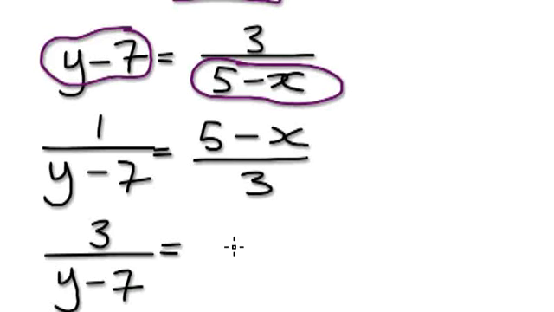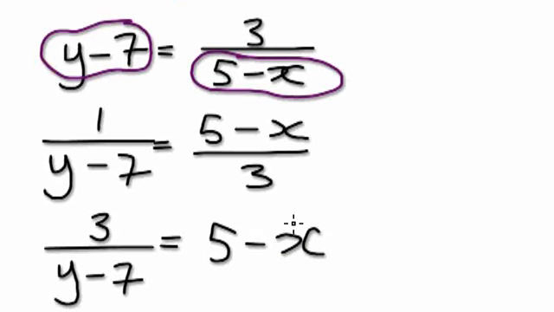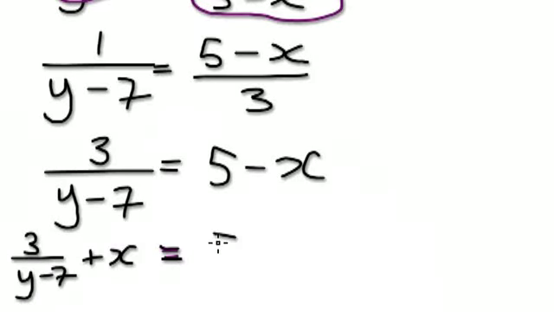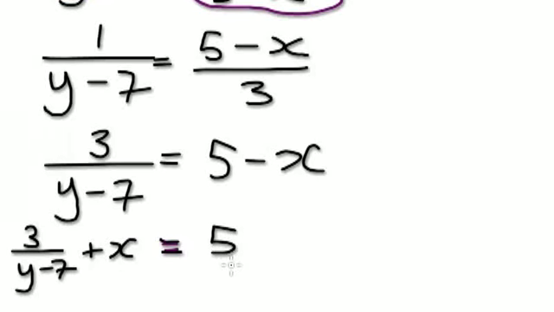So it's this here, and then you've got this here. So now you've got this block equals this block, take away this block here. At the moment, your eye should zoom into the x. You're trying to get x on its own. So at the moment, it's a negative x. So add x to both sides. So it will be 3 over y take away 7, add x here, and then this here equals 5.